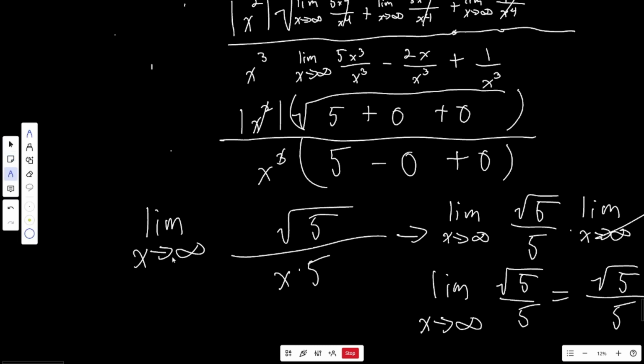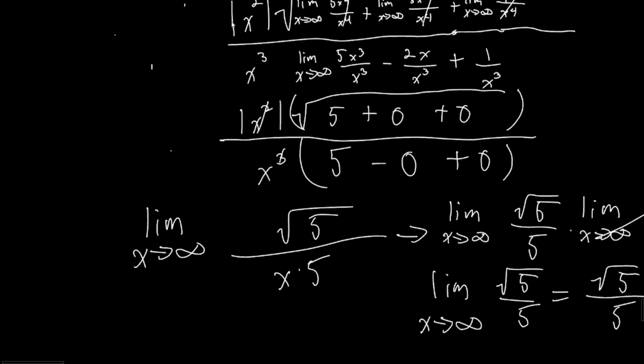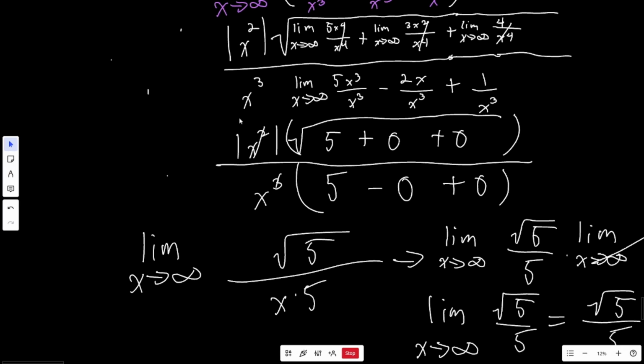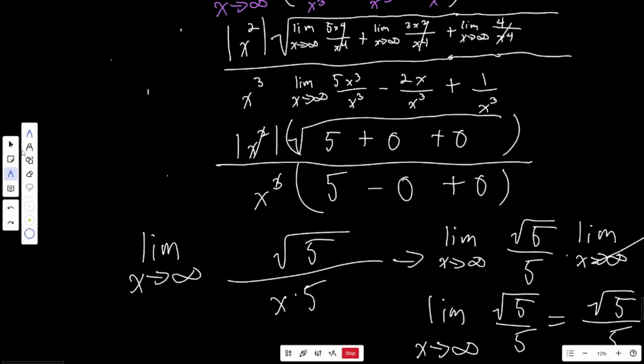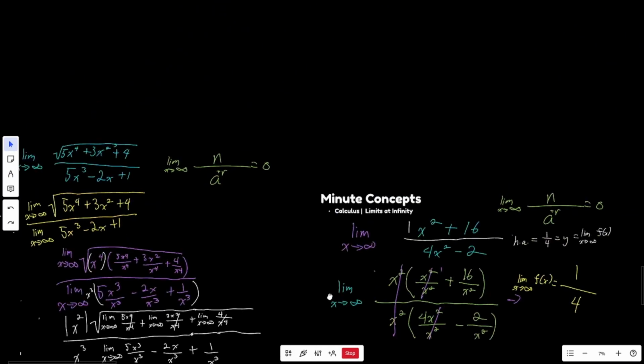For example, since this is positive, we're just going to use the regular version. However, if it were negative and we were looking for the limit at negative infinity, we'd leave a minus sign here, and we just get the same thing except negative. So that essentially wraps up this in-depth video.